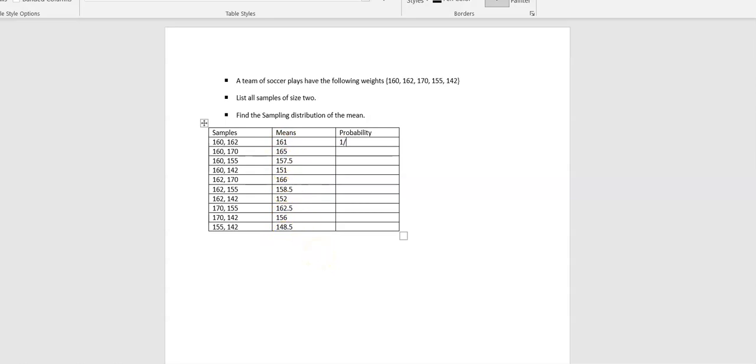So the probability is 1 in 10 of getting this mean, and 1 in 10 of getting this one, and so on. Now, if one of them occurred more than once, let's say it occurred twice, we'd have 2 in 10 for that particular mean. But of course, they're all distinctly different in this instance. So their probabilities are all 1 in 10.